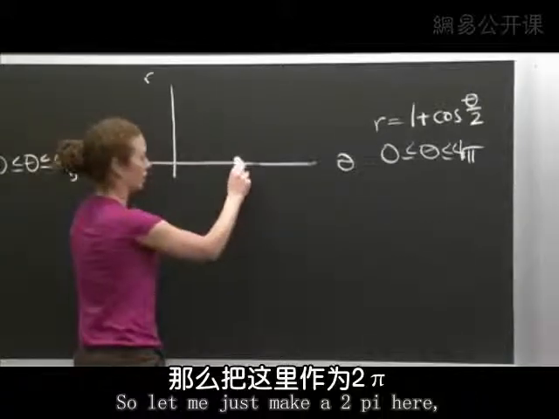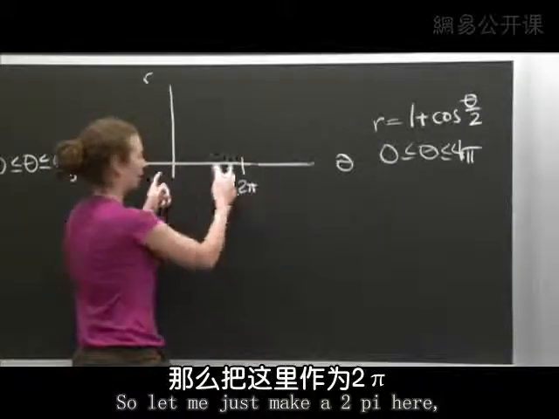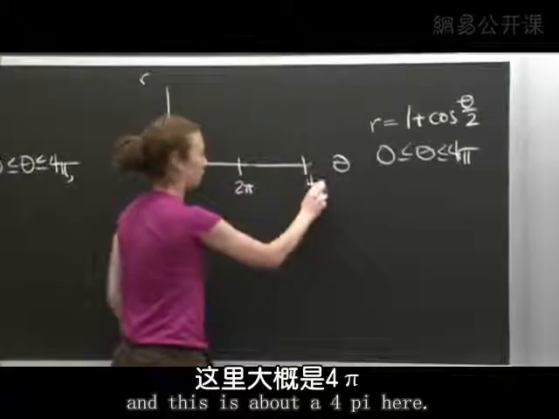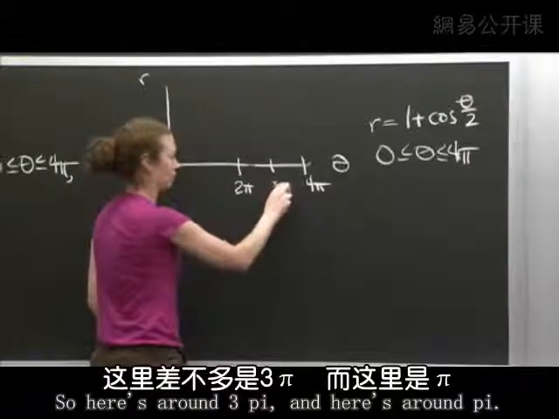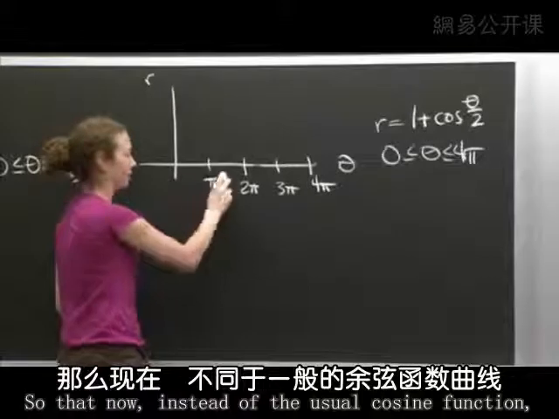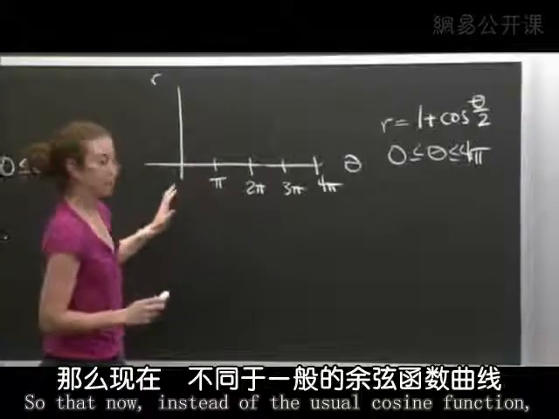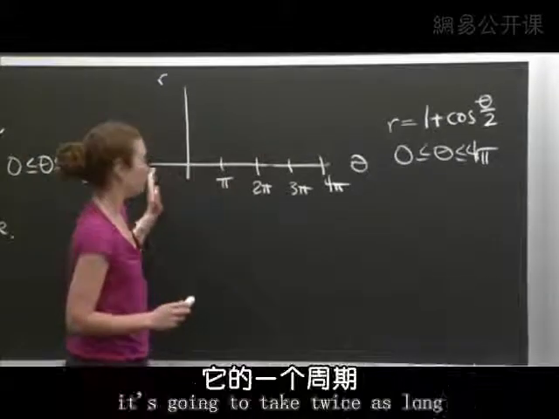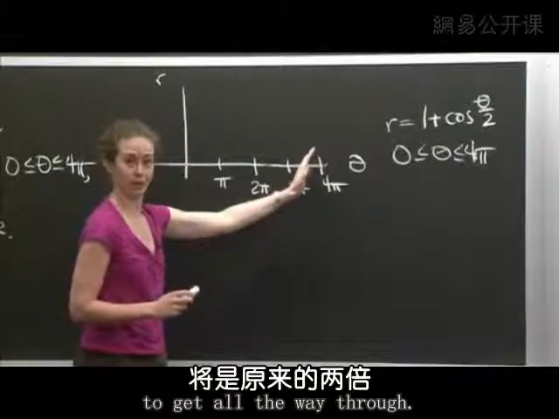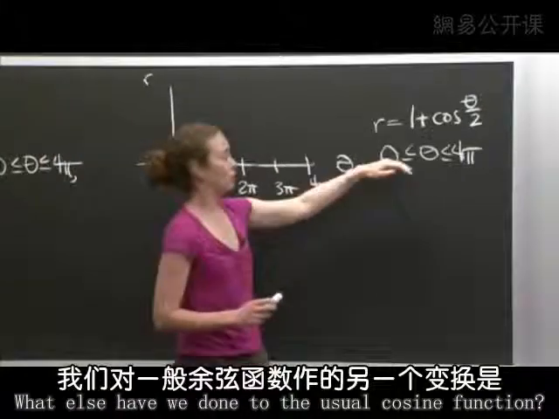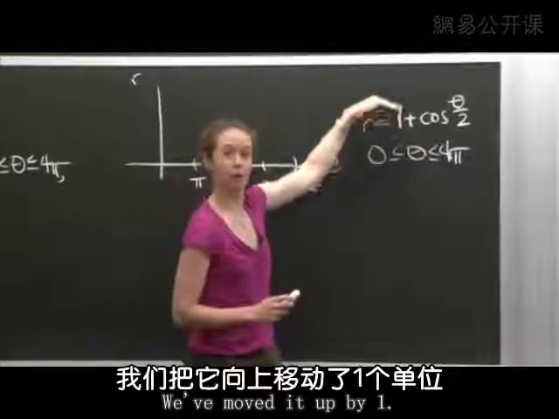So let me mark a 2 pi here. This is about a 4 pi here. So here's around 3 pi, and here's around pi. Now, instead of the usual cosine function, it's going to take twice as long to get all the way through. That's one thing we know. What else have we done to the usual cosine function? We moved it up by 1.